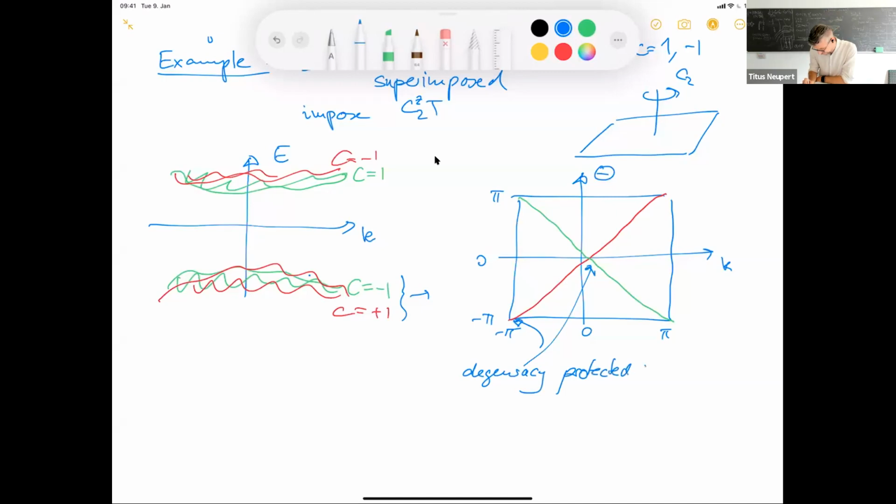Let me show you that quickly. That is at theta equal to 0 or pi. The simplest way to show that, there's a much more mathematical way, is this Kane-Mele model. You can use Kane-Mele with zero Rashba.